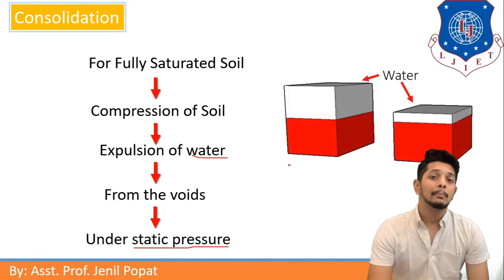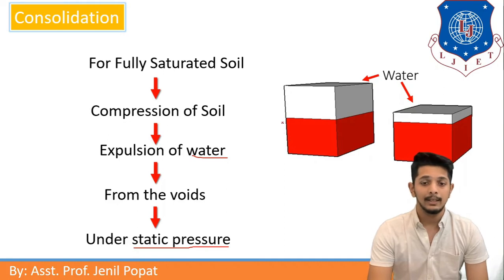We can see consolidation by these phase diagrams. Let us understand that here a two phase diagram of a soil particle is shown. Now this red area is showing solid particles and white area is showing water particles.